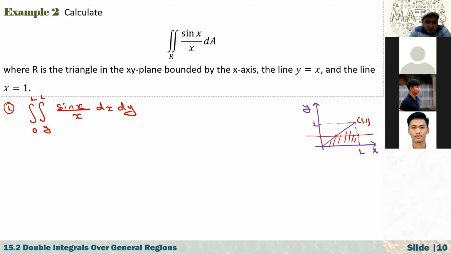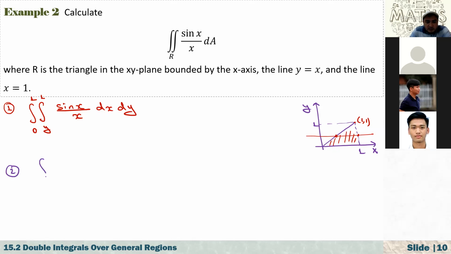Okay, so now if you try to integrate the sine of x over x dx, right? It's not possible to integrate this because we don't have any elementary function whose derivative is that function. That's why this is kind of troublesome here. So what happens if I just change the order of integration here?